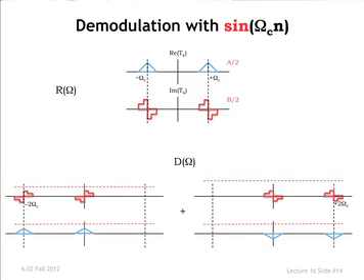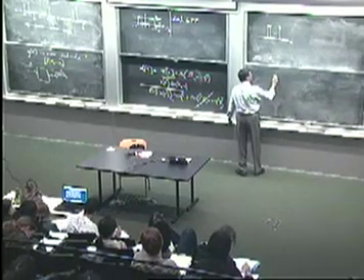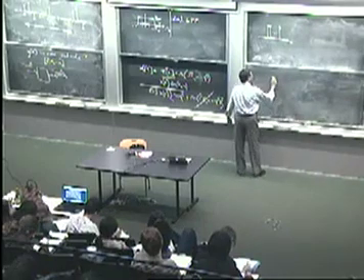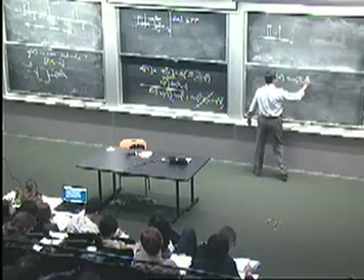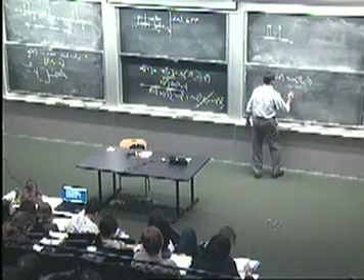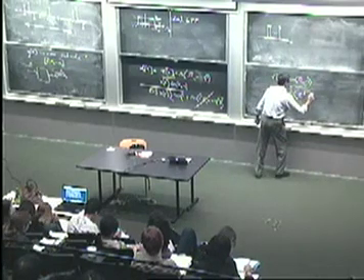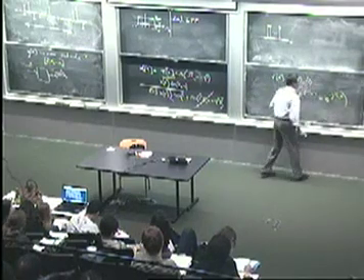When you multiply by a sine, if you've got your received signal R of n, and now you're multiplying it by sine omega c n, well, that's 1 over 2j times e to the j omega c n minus e to the minus j omega c n.